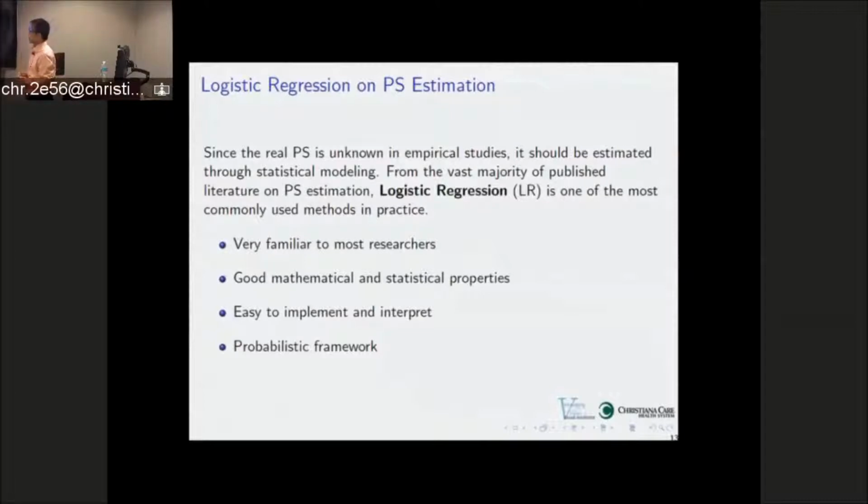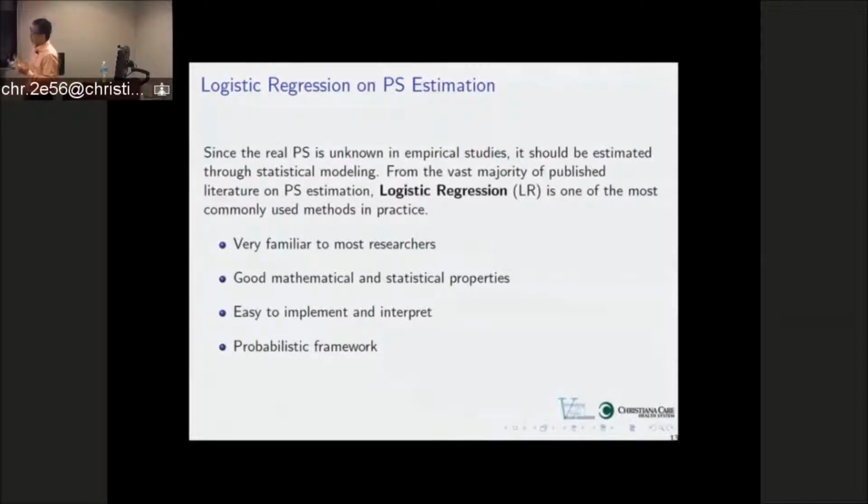In practice, from the vast majority of the published literature on propensity score estimation, we know logistic regression is the most commonly used method in practice.